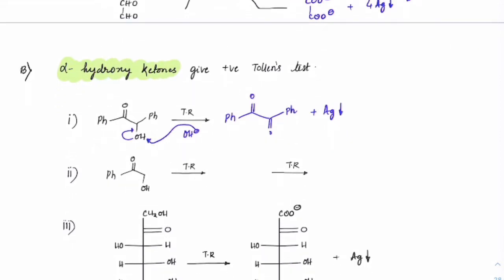If this alpha hydroxy is at the primary position, first it will form alpha keto aldehydes, and then Tollens reagent will react again because there is an aldehyde end here, so we will get this as COO minus, and silver will get reduced here. So please remember this second case, that alpha hydroxy ketones will also give a positive test towards Tollens reagent.